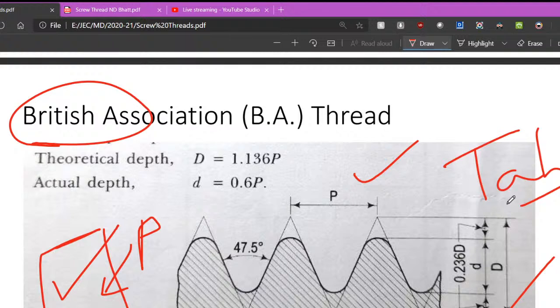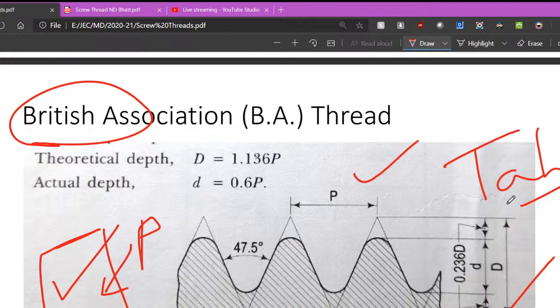Previously only Britishers were using them, and then British Standard Whitworth threads were mainly used only in Britain, but as they established colonies in various countries, they took them along.